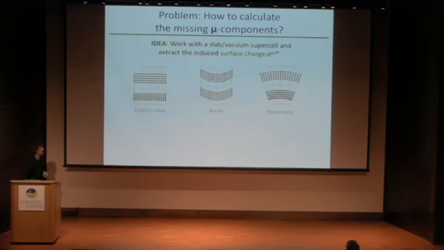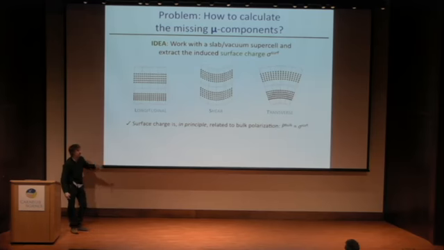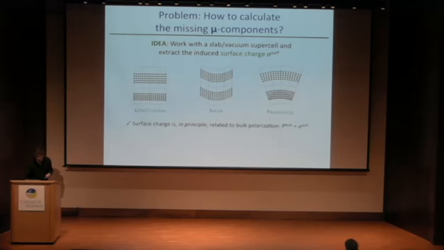Why do I use this strategy? Well, the surface charge is in principle related to the bulk polarization. So if I know the surface charge, then I can probably reconstruct what was the bulk contribution to the flexoelectric response.